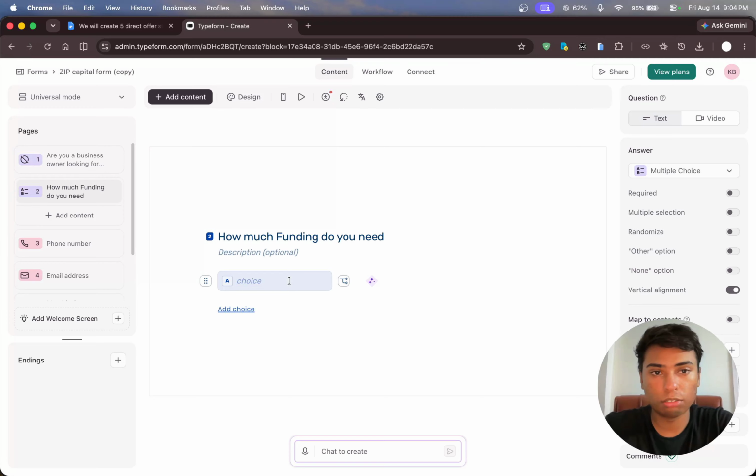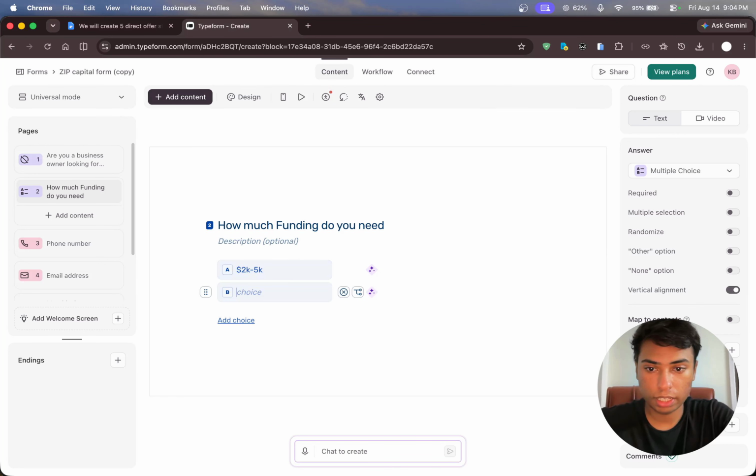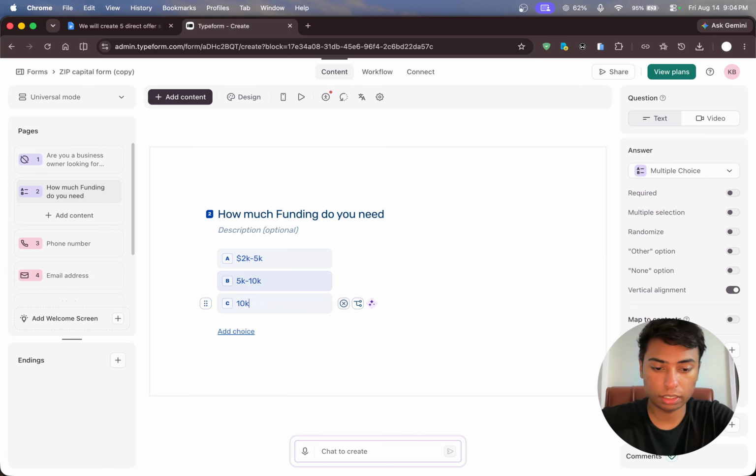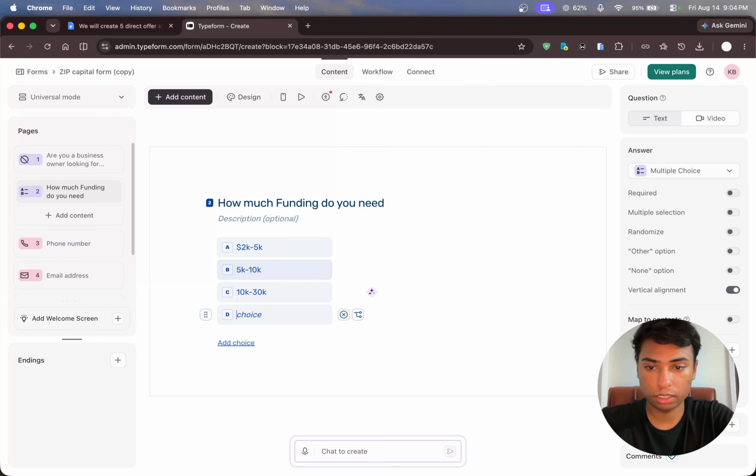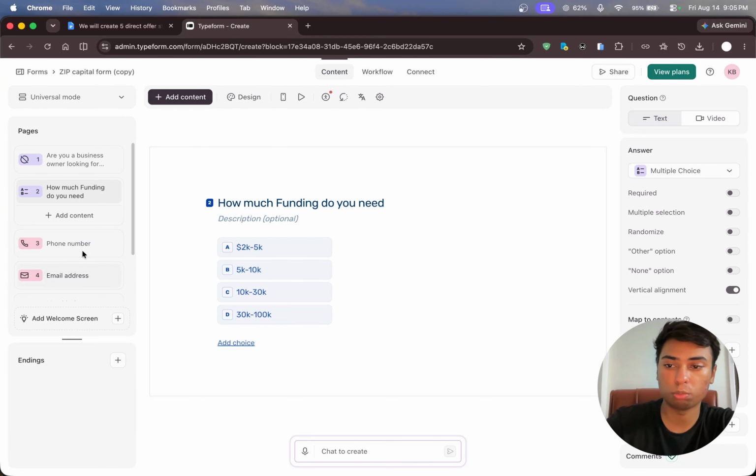The first option we will enter here is, for example, 2K to 5K, and the next will be around 5K to 10K, 10K to 30K, and 30K to 100K, something like that. It depends on your offer. For example, your firm only funds at most 100K, so this is how your form will look.